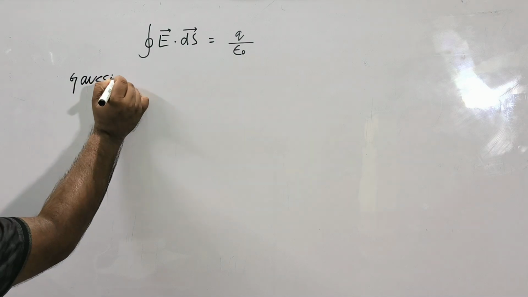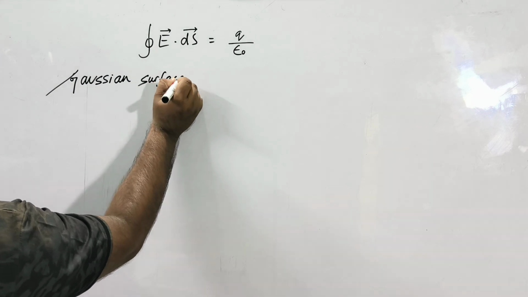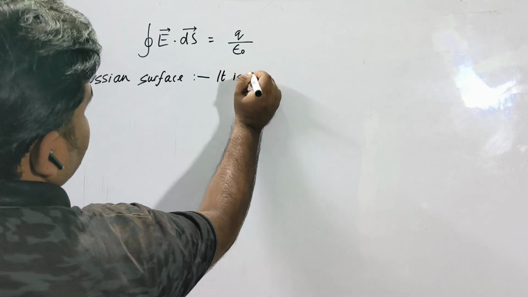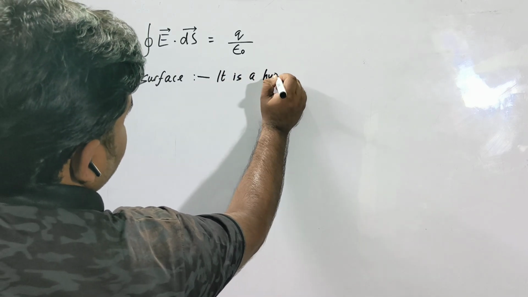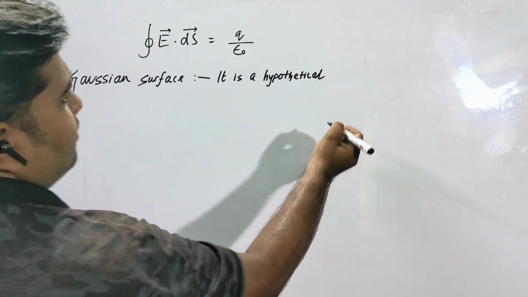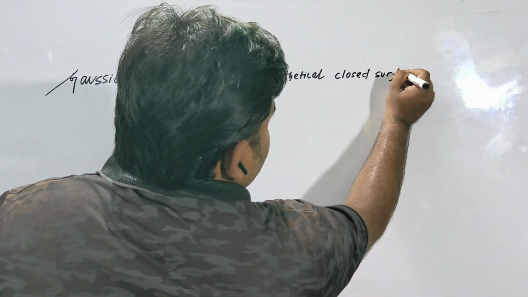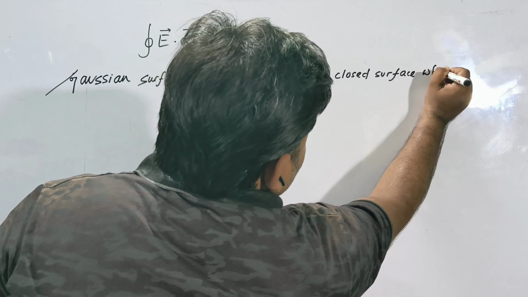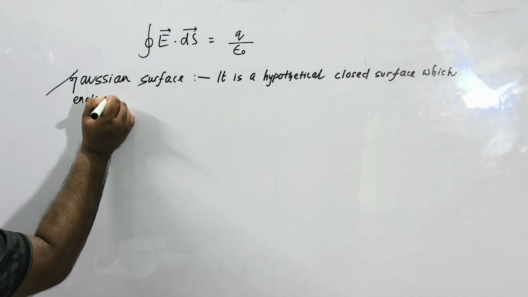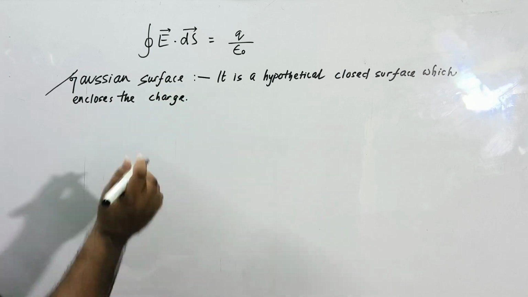Gaussian surface, maybe they can ask you the definition of Gaussian surface. So you can write: it is a hypothetical closed surface which encloses the charge under consideration.